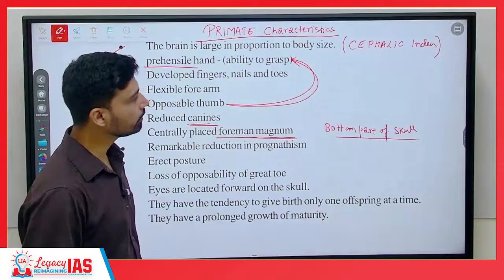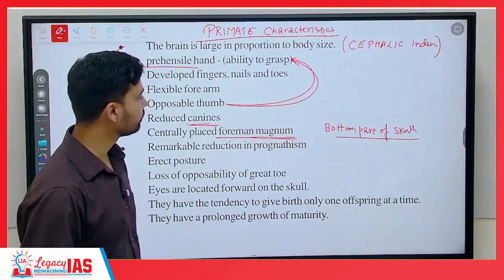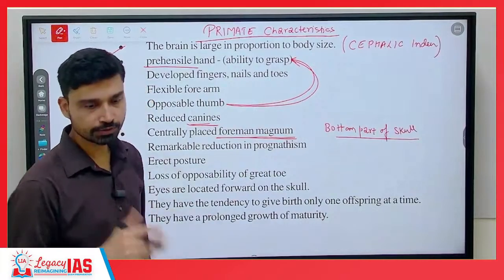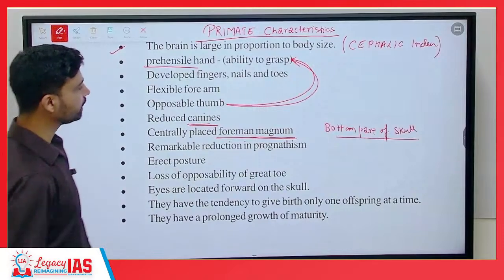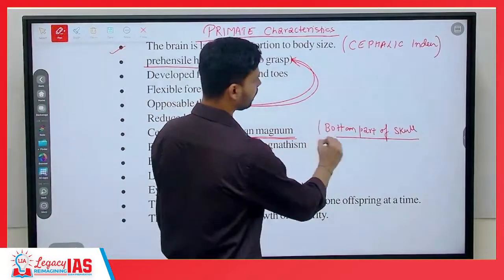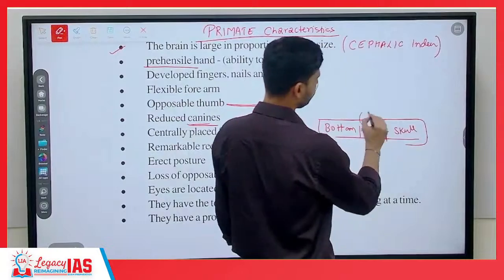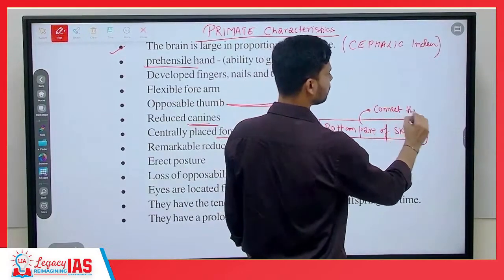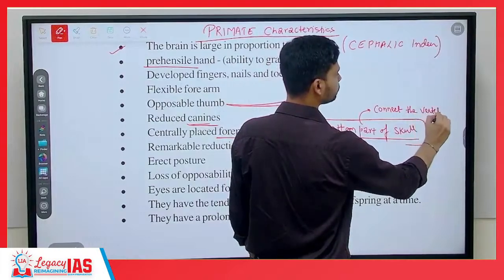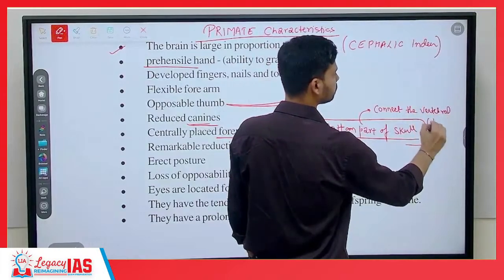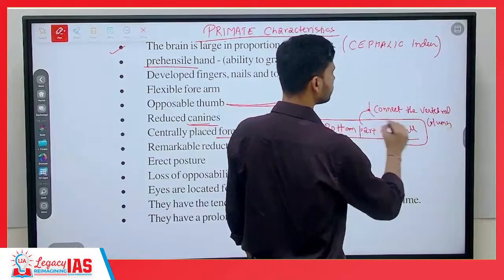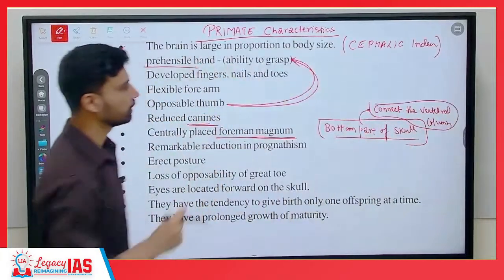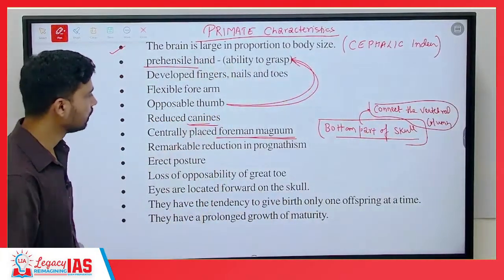So foramen magnum is placed centrally, central to your body axis, in the bottom part of the skull, which is used to connect the vertebral column. Look at the skeleton also to understand this more. First, you can write all these points to understand where these places are.